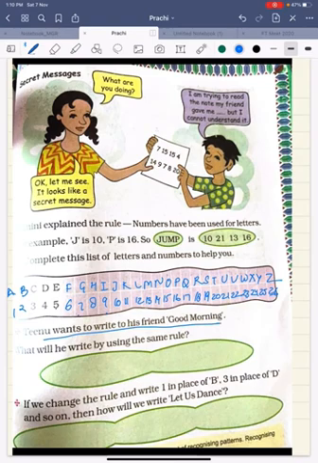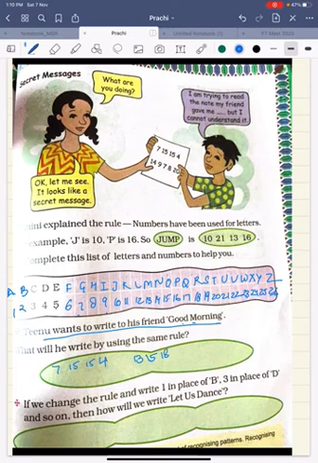So G means 7. O means 15, 15. D means 4. Good. In secret language, I have written good, and now I am going to write morning. So M is 13. Then O is 15. R is 18.